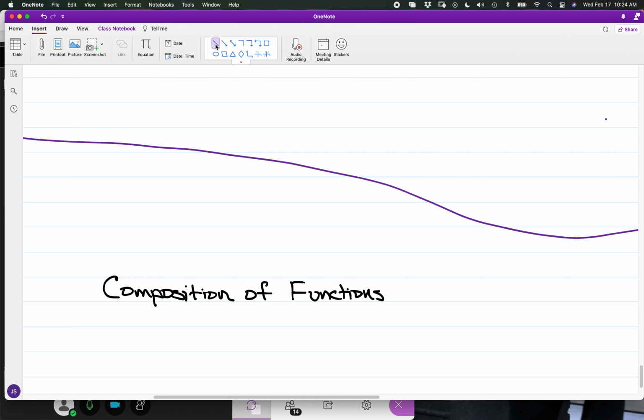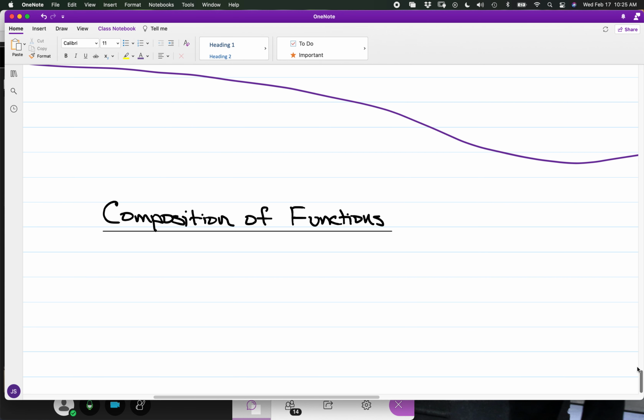And the reason for that is that what separates the variables is going to be a circle, and we might mistakenly read that as a dot indicating multiplication between functions.